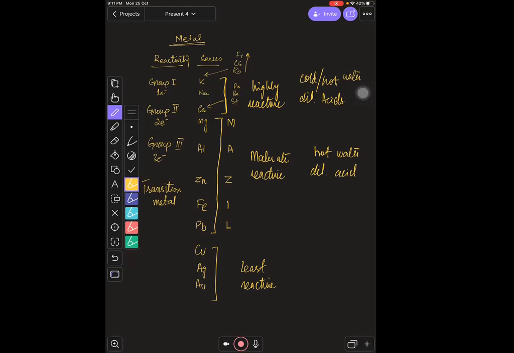If we wear them as a ring on our fingers, as a necklace, or as a bracelet on the hand, they are not going to react with our perspiration. They are not going to react with the moisture. They are not going to rust, because they are least reactive. That is why they are noble metals. They are known as noble metals, because they are not going to react with anything.